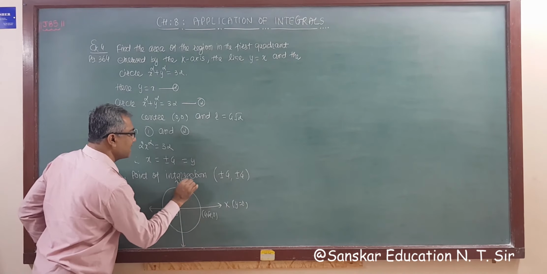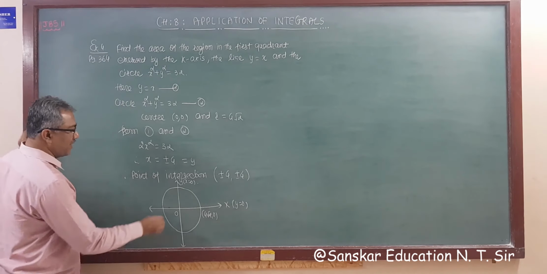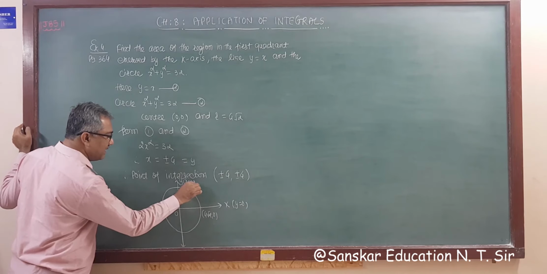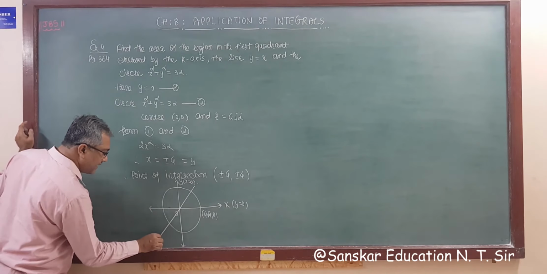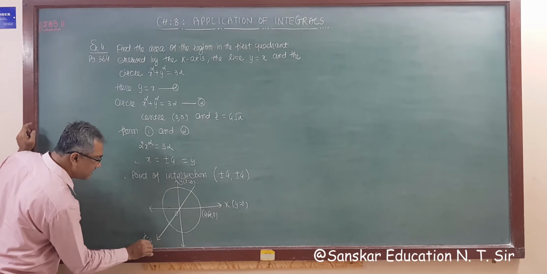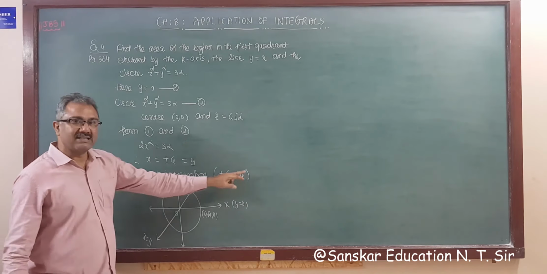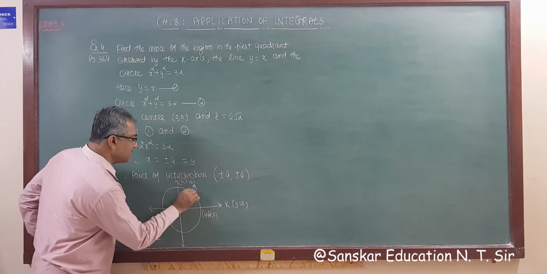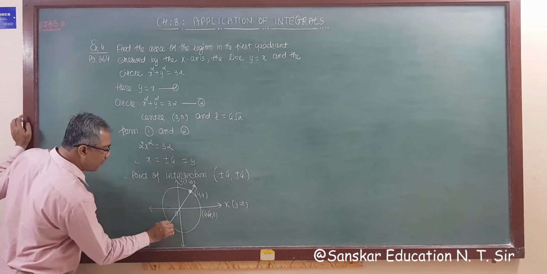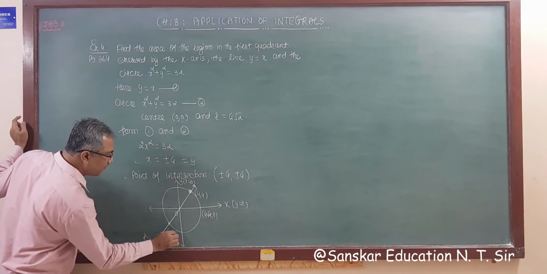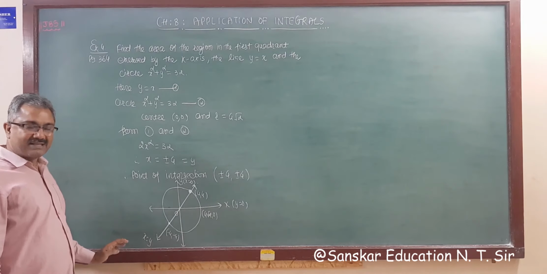This is the y axis, that is x equal to 0. And the line y is equal to x, that is x is equal to y, I am taking this line. The intersection of these two curves is plus or minus 4, 4. So this is plus 4, 4, and this is both minus, that is minus 4, minus 4. These are the answers.